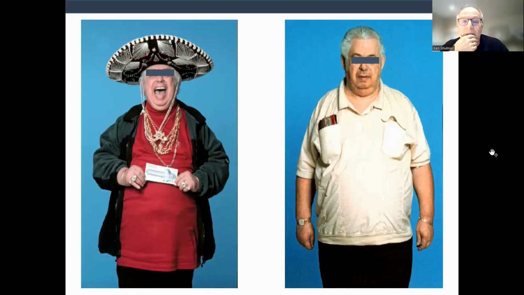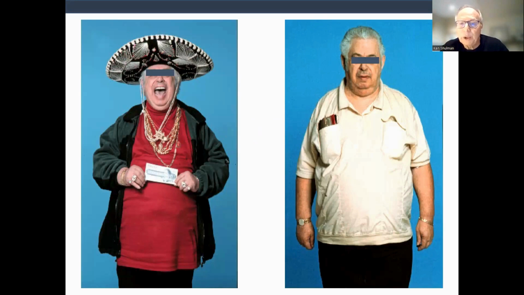Here's a great image of a patient I saw more than 30 years ago. And you can see how dramatic the changes can be in bipolar disorder, from a floridly manic, disinhibited man to a depressed, bland looking gentleman.